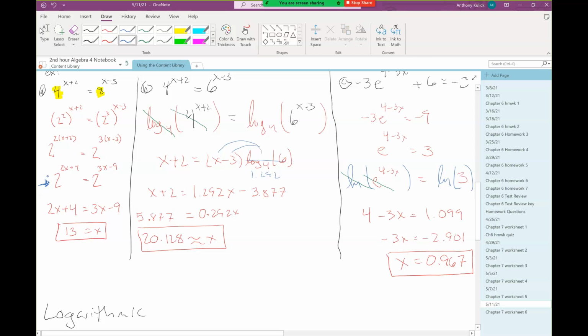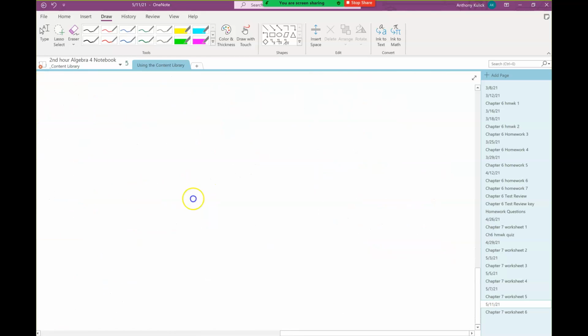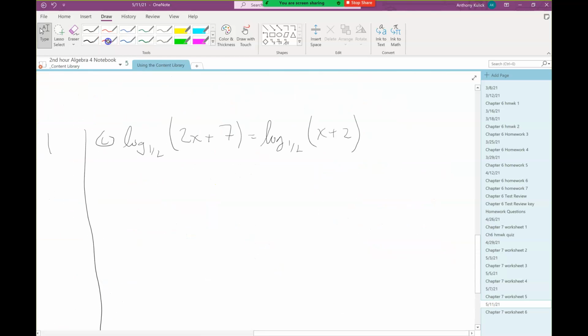If you had two exponentials with the same base that are equal, the exponents must be equal. If we have two logs with the same base that are equal, the insides have to equal. Everybody agree with that? So we can just forget about the logarithms here. So this is pretty easy.